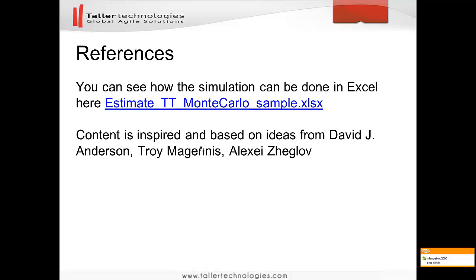I hope you will take your own historical data, put it in the Excel file, and change it accordingly. I mean, if you have more than 20 work items or 27 or whatever, and run it 1,000 times or more, and start planning your future projects using probabilistic management.